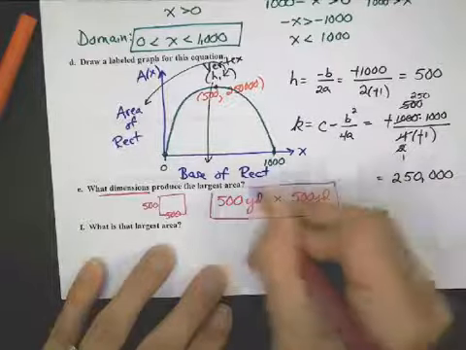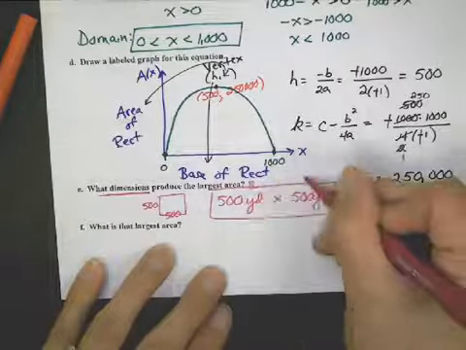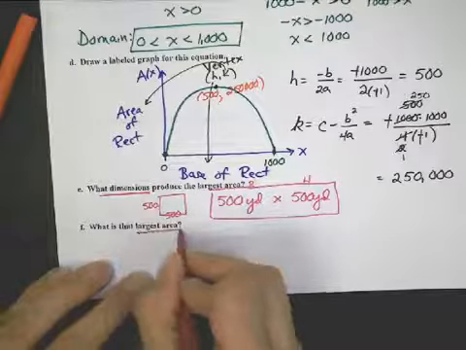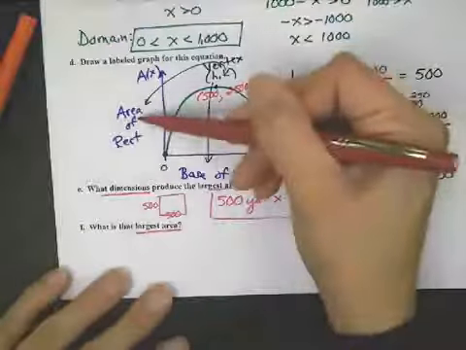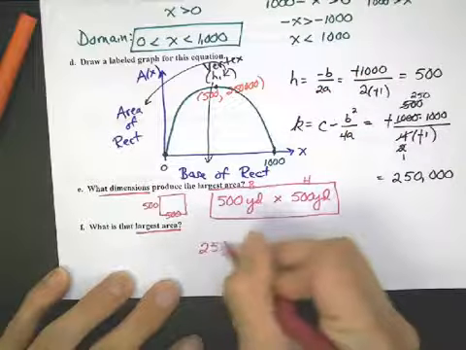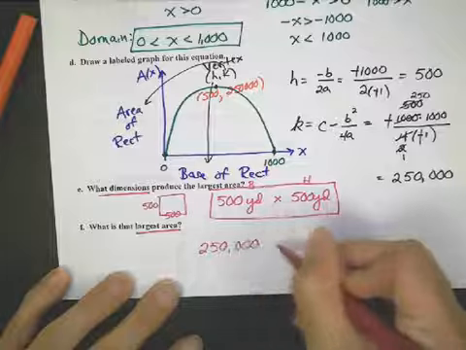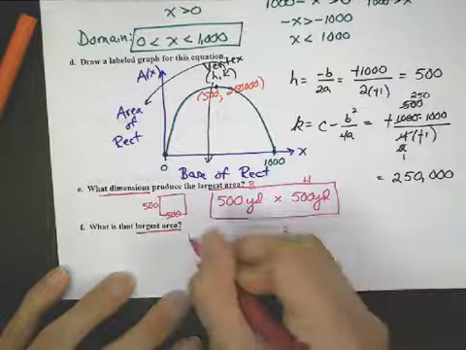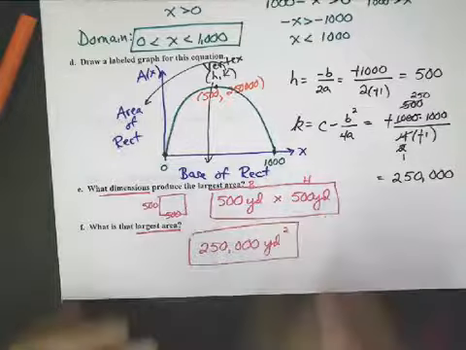Those are the dimensions. Dimensions are base and height. What is the largest area? Okay, area is the y value. We've already calculated the y value, and the area is 250,000, don't forget units, yards squared.